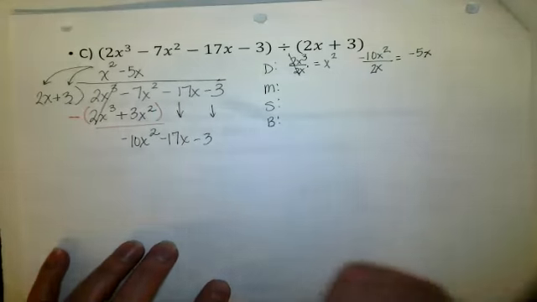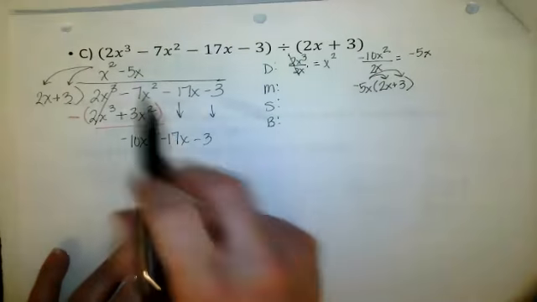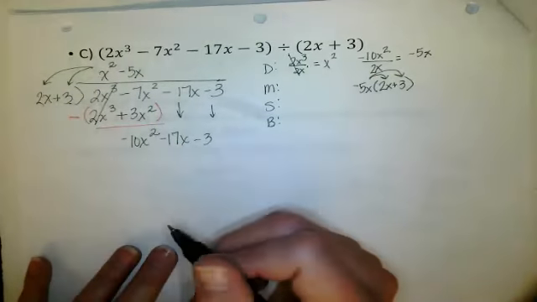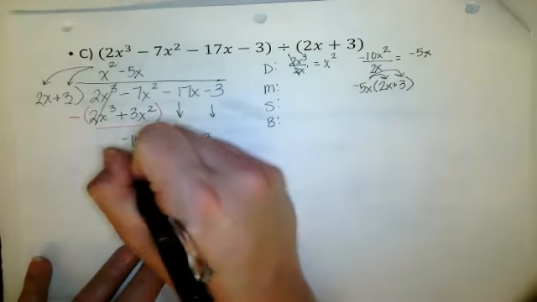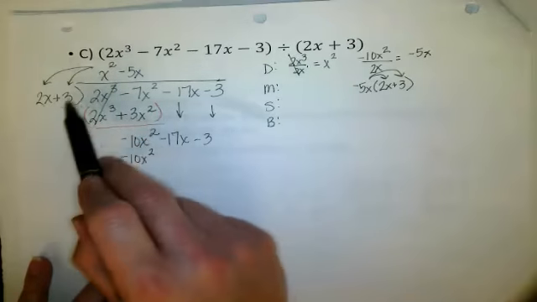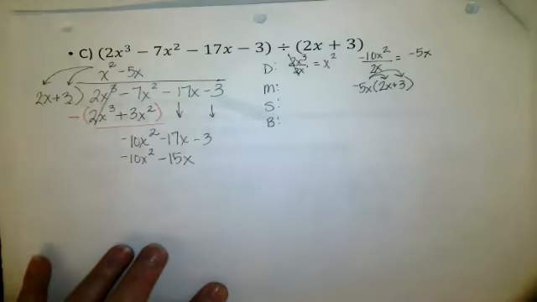And again, we're multiplying now. Negative 5x times the divisor. What is negative 5x squared times 2x? Negative 10x squared. That's right. And what's negative 5x times 3? Negative 15x. Yes, negative 15x.